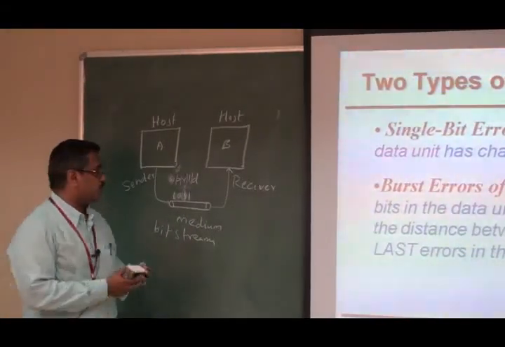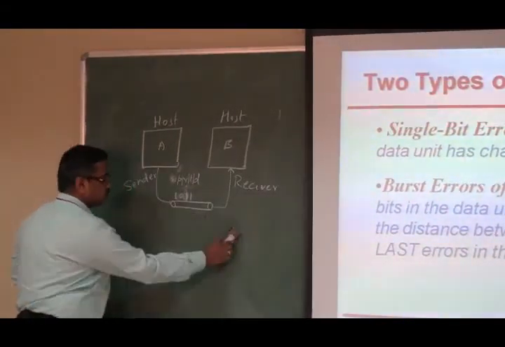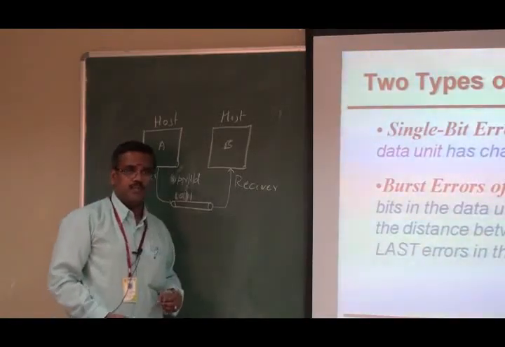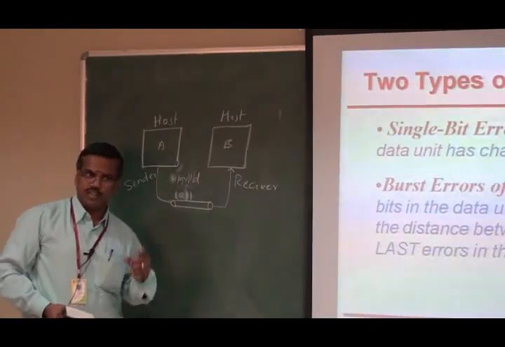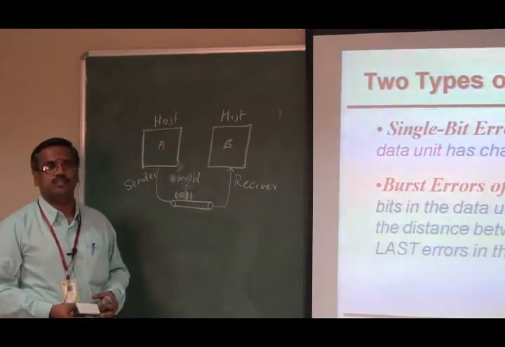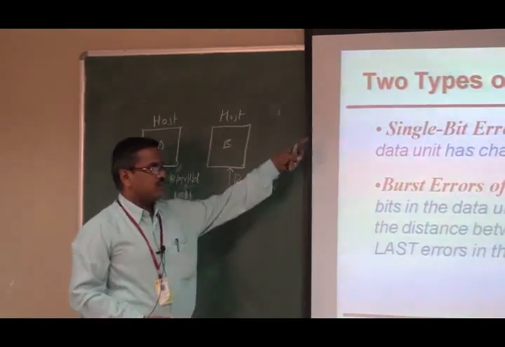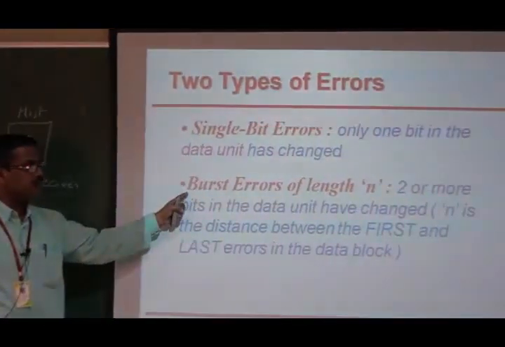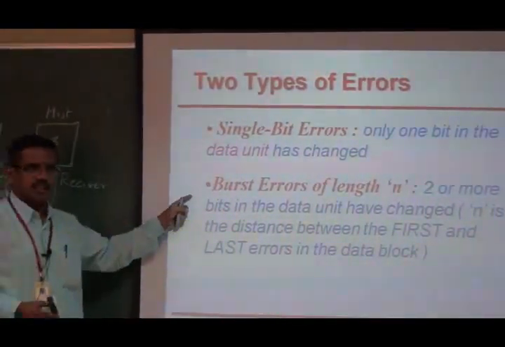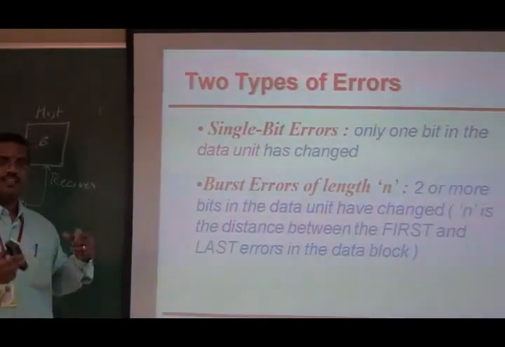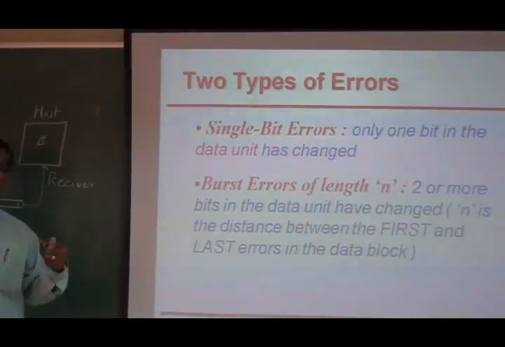What types of errors can occur? Whether a bit is changed or interchanged, it can be a single bit or multiple bits. So there are two categories: single bit errors and burst errors. Burst error means the length, the number of bits affected, is more than one.